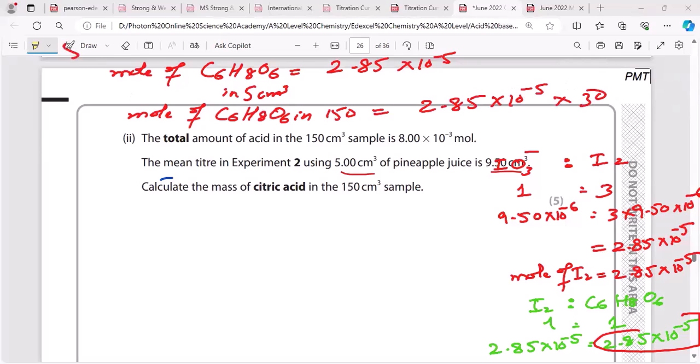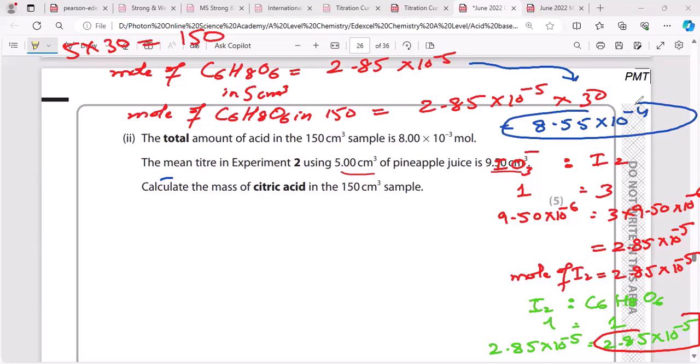Why? Because when you multiply 5 with 30, you will be getting 150. So you need to multiply the moles by 30, then you will be getting the moles of ascorbic acid in 150 cubic centimeter. So this is the moles of ascorbic acid in 150 cubic centimeter of sample.